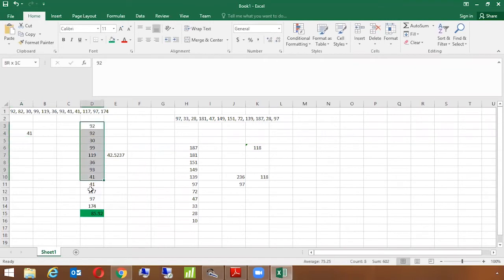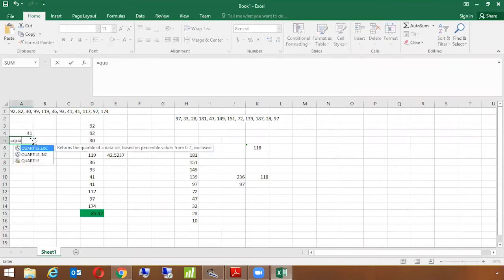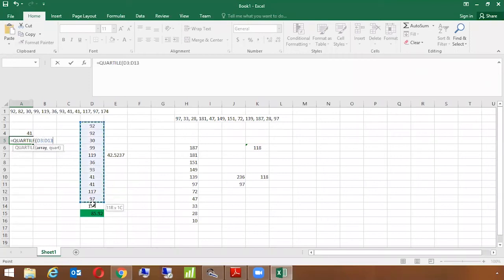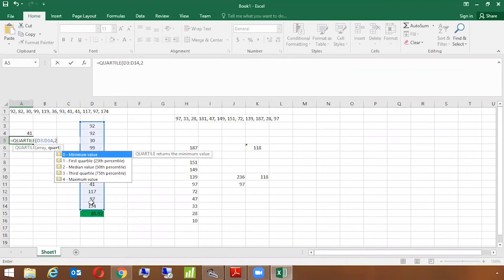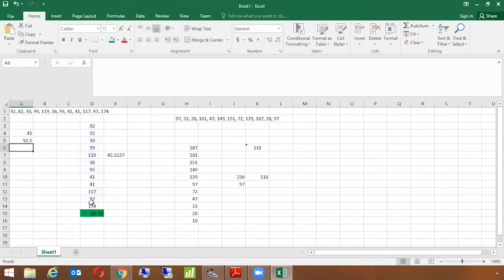If I want to do quartile 2, I will use the QUARTILE formula, select the data and use 2 here. So 92.5 is my Q2. And I want to calculate Q3 here. It's very simple.